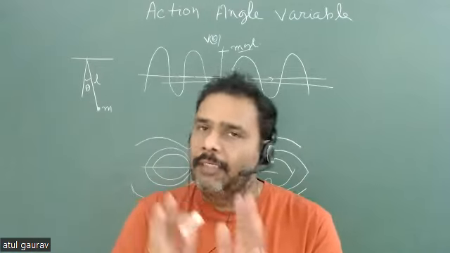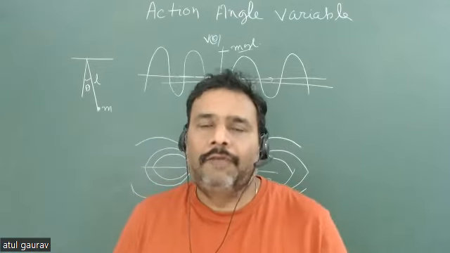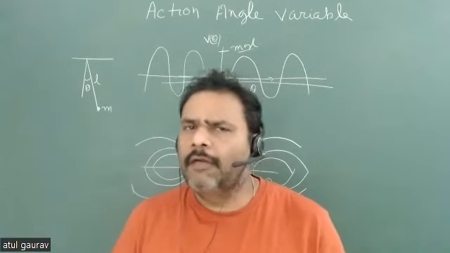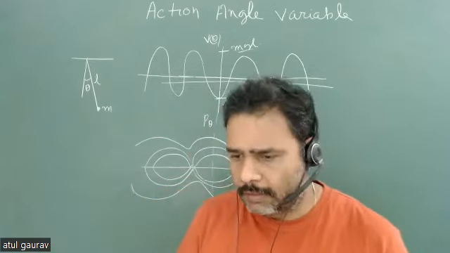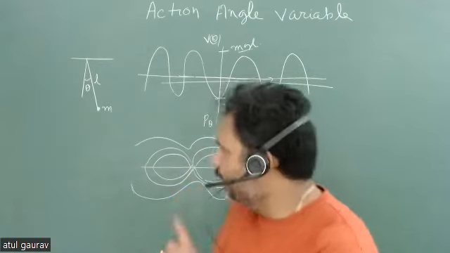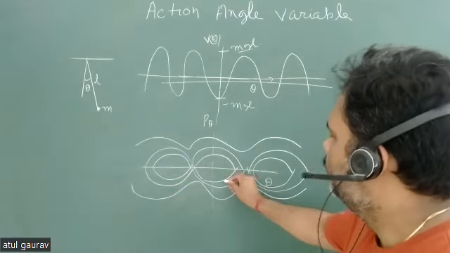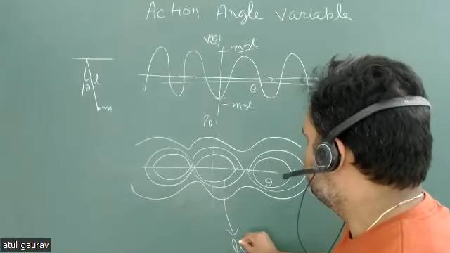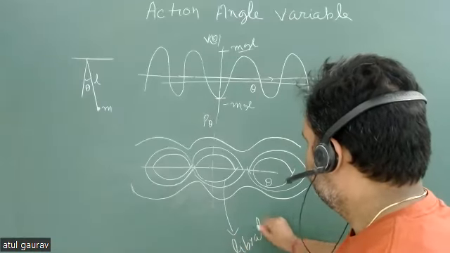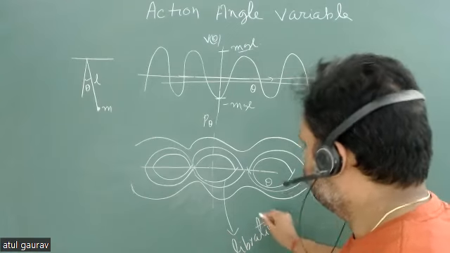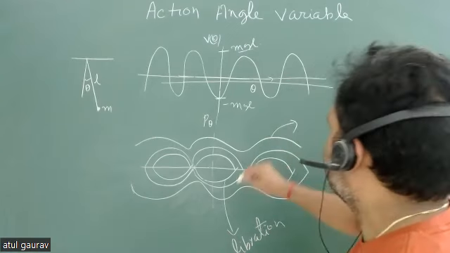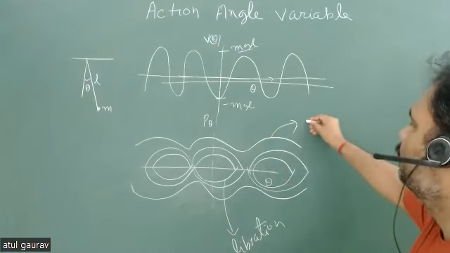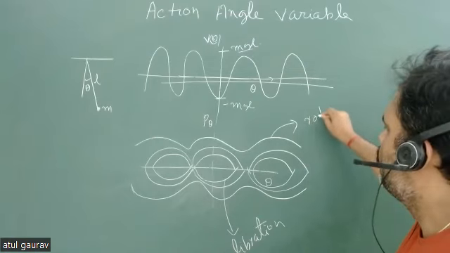Here Hamilton-Jacobi will help us find the time period or natural frequency of a periodic motion. When the system is bounded, this is known as libration. It is also periodic when the system is unbounded, and this is known as rotation.